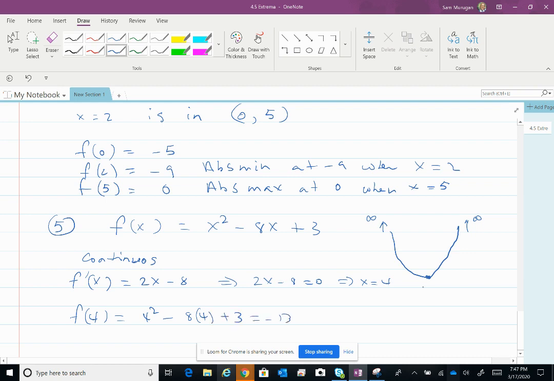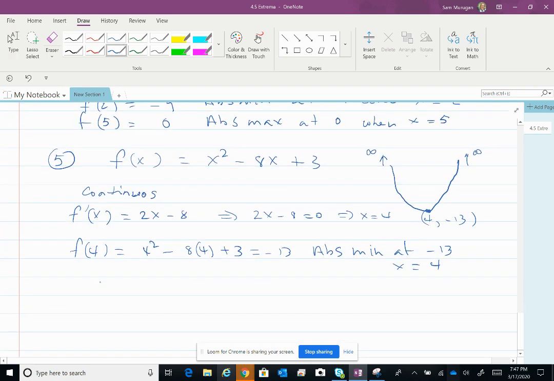In other words, that vertex is located at (4, -13). And this is the absolute min at -13 for x equal to 4. No absolute maximum, since this graph is open on the two ends.